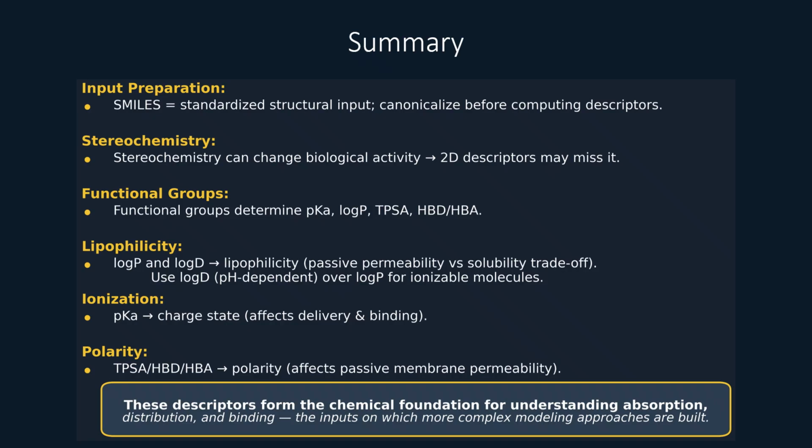And they are the inputs on which more complex modeling approaches are built. We need to understand that these descriptors don't determine outcomes by themselves. They are correlated features that models learn from, and their apparent importance depends heavily on chemical context and dataset bias. Thank you.